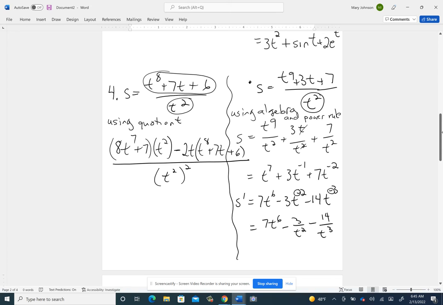So you sometimes see the rule as: low d high, minus high d low, over the low squared. All right, what's important is that you do the derivative of the numerator when you do that first chunk so that you get the minus sign going in the right spot.